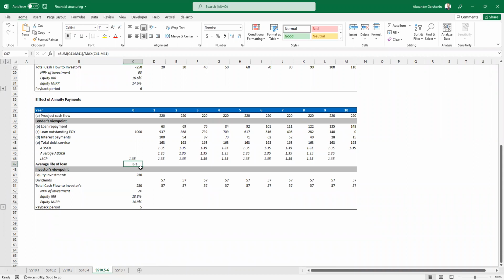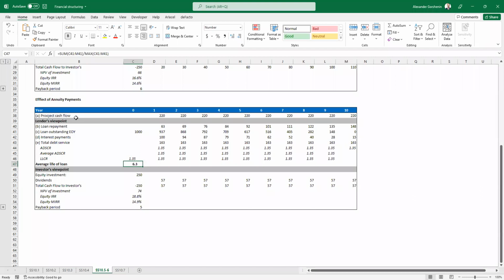So it's less attractive for lenders, and we can probably have some difficulties negotiating this debt and debt schedule if the lender has some limitation on the average life of the loan.